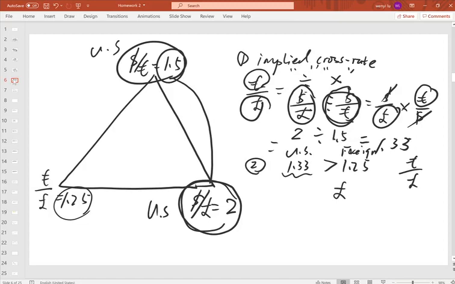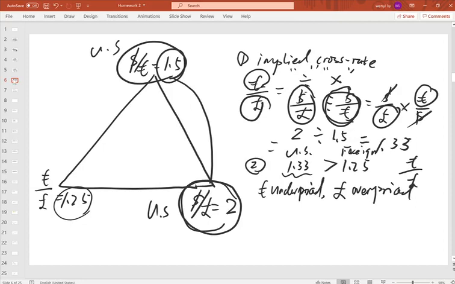So in the US, our pound is more expensive, because this one gets more euros. So this one is overpriced, and accordingly, the euro should be underpriced.